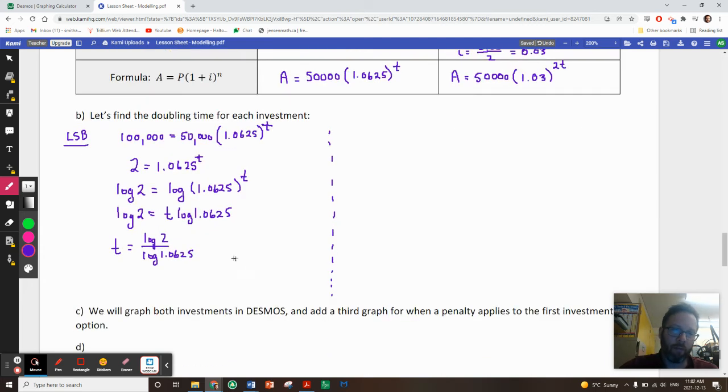How long does this investment take to double? Log 2 divided by log 1.0625. So it looks like about 11.4 years is what I got.